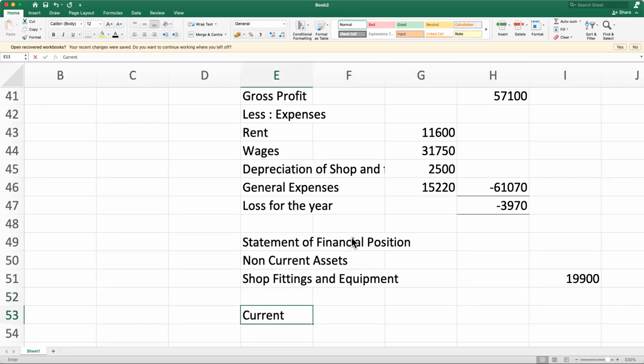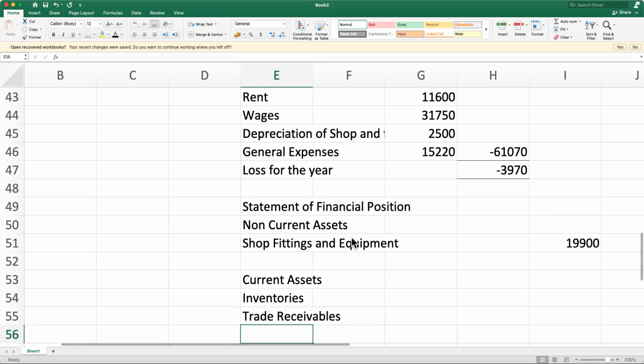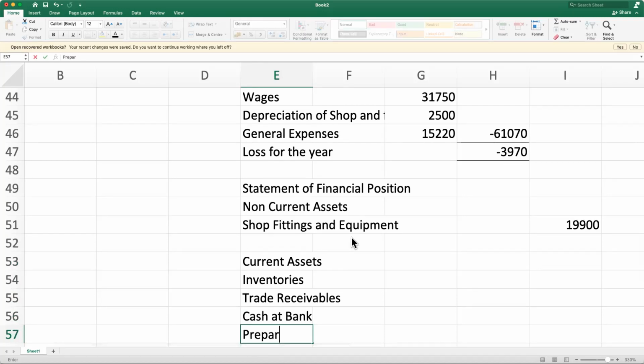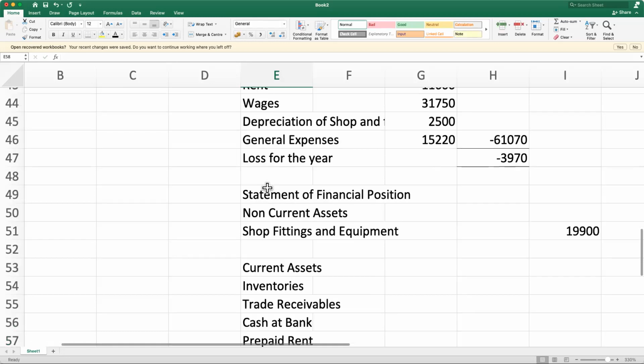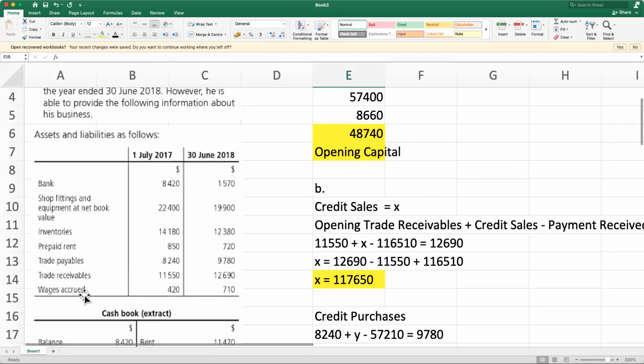Then just do our current assets. So we have our inventories, trade receivable, cash at bank, prepay rent. I think that's about it. So let's just double check. Yes, 1, 2, 3.